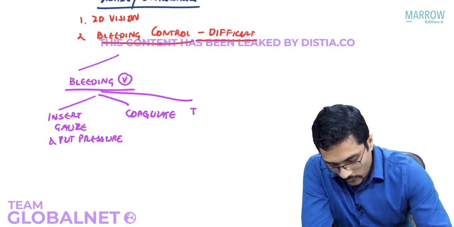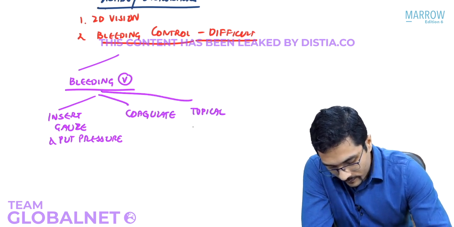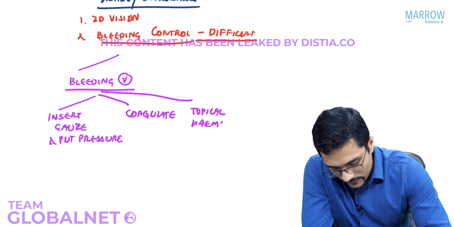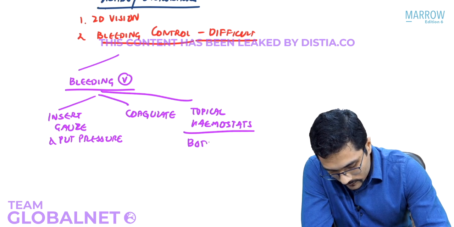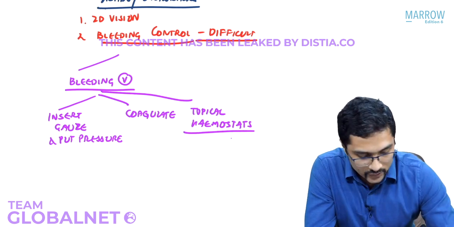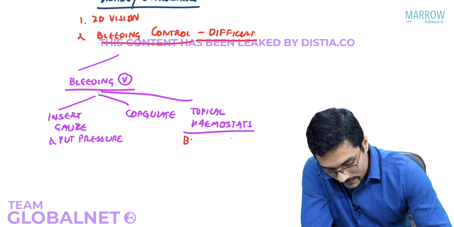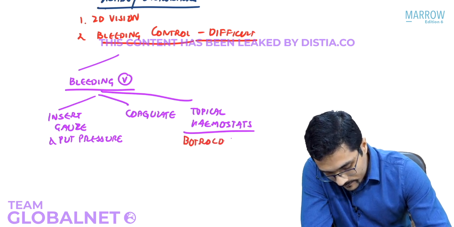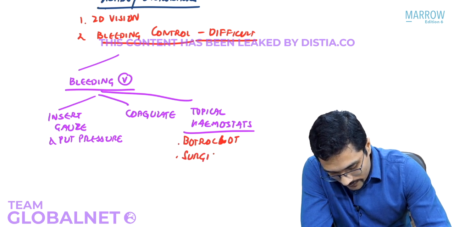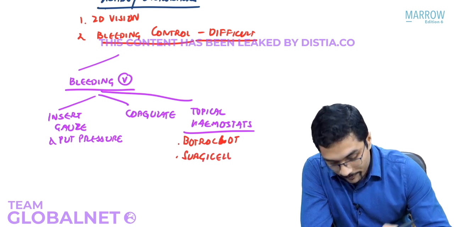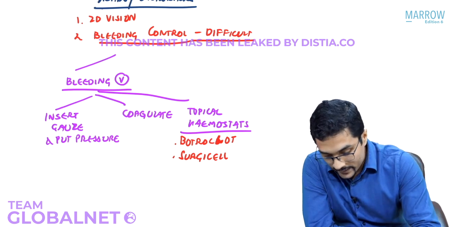Otherwise, we can use topical hemostats like Botroclot and Surgicel. So this is how we control bleeding during laparoscopic surgery if there's a bleeding vessel.